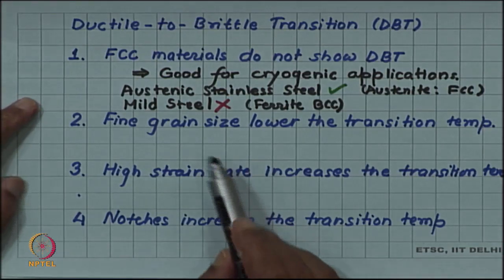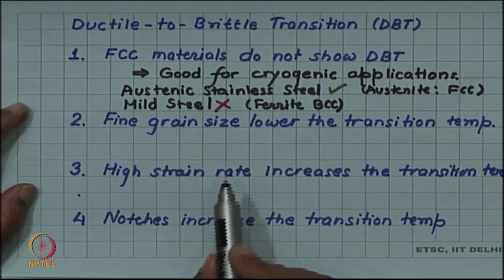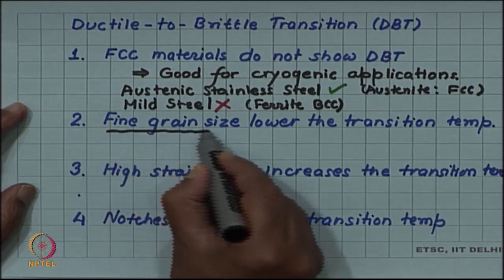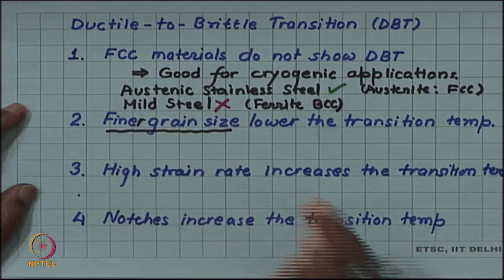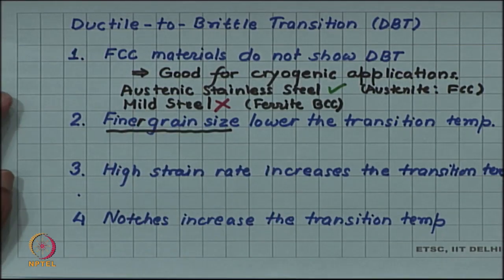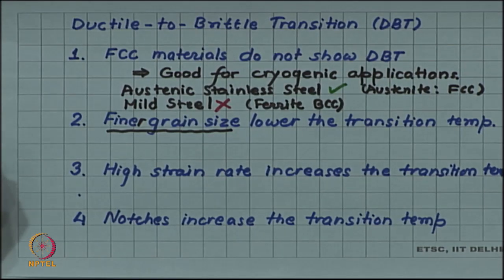Another factor in ductile to brittle transition is the grain size. The finer the grain size, the lower is the transition temperature. So, the DBT temperature is lowered if you have fine grain size. This is good news, because this means that it is increasing the domain of the ductile region, and for engineering applications ductility is required. As engineers, we wish to avoid brittle materials as far as possible.